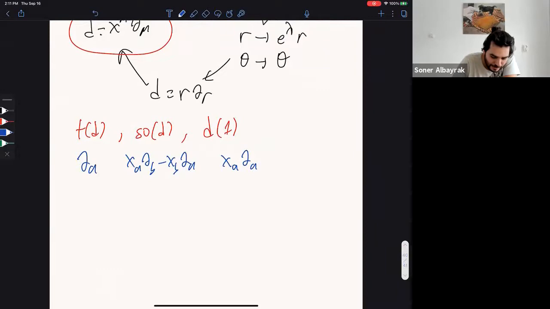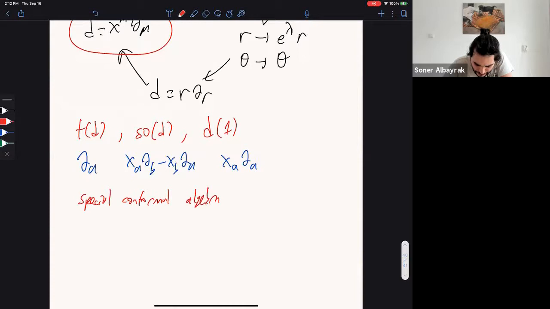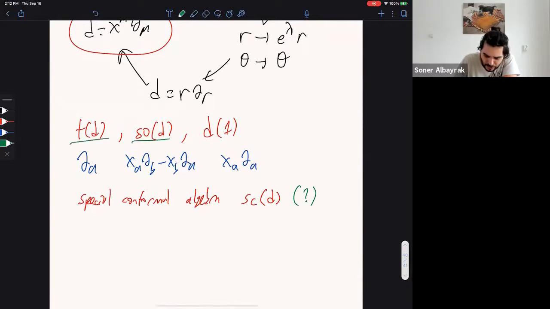And there is another algebra called the special conformal algebra. I am not sure how conventional this notation is. I know that these are conventional, but I don't know about this one.